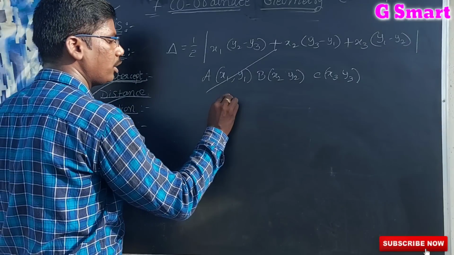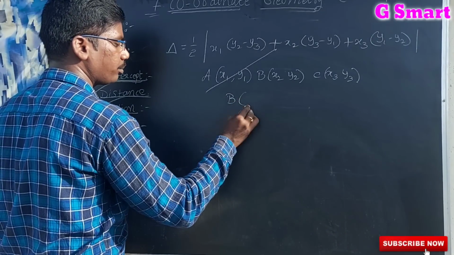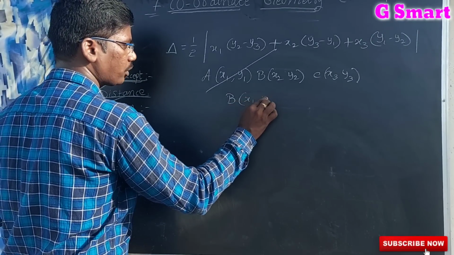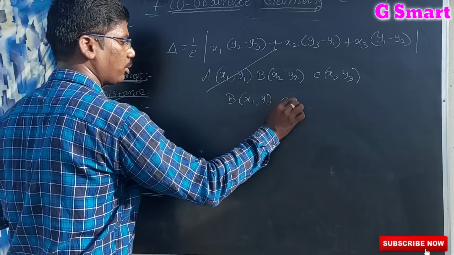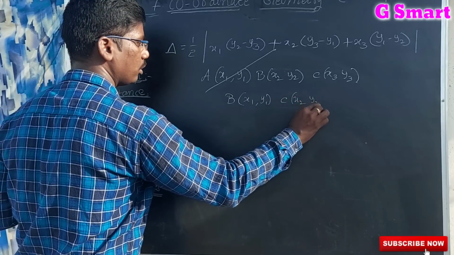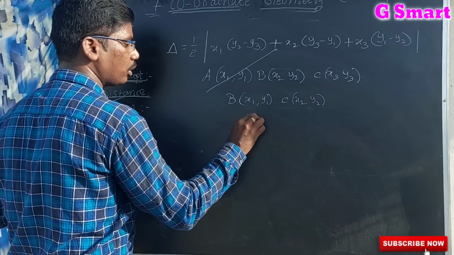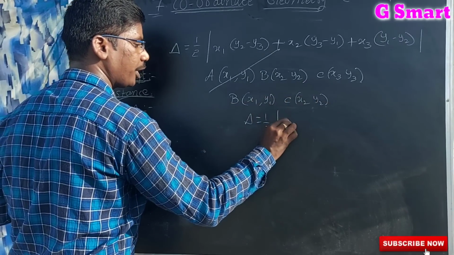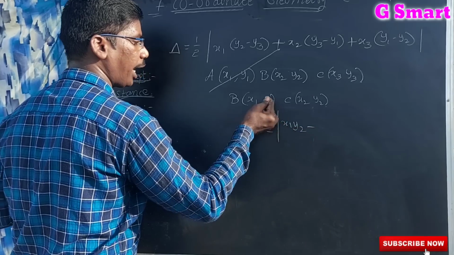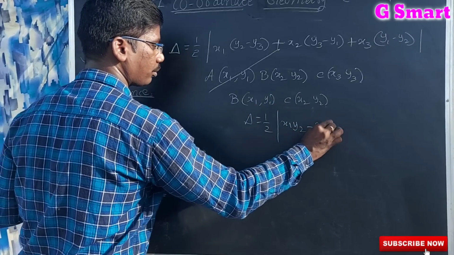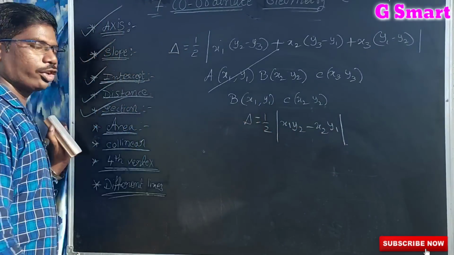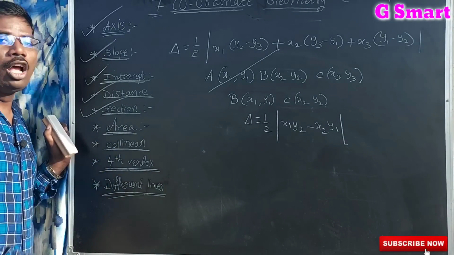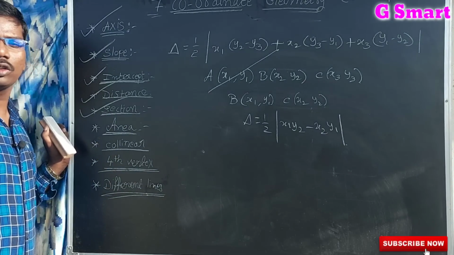Then you will get the new points: this point will be (x1, y1) and that point will be (x2, y2). So delta is equal to the shortcut formula: modulus of x1 y2 minus x2 y1. Tomorrow I am going to explain how we have to use this. So tomorrow's class, don't miss it.